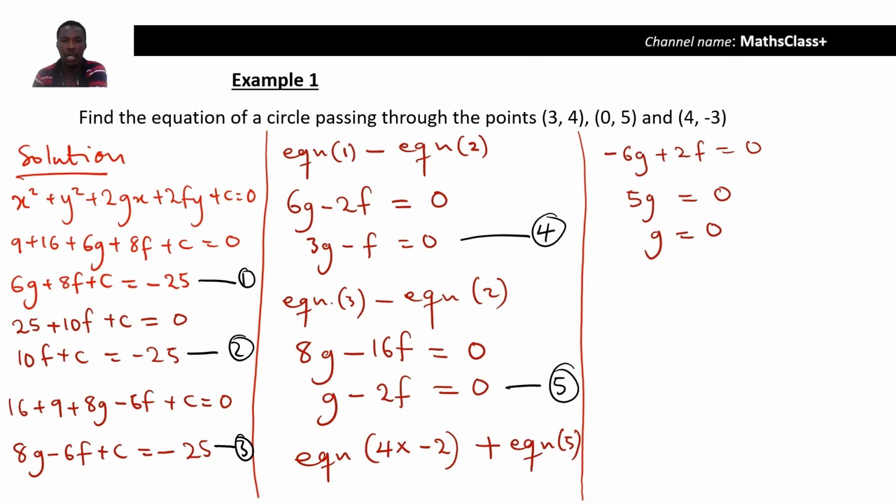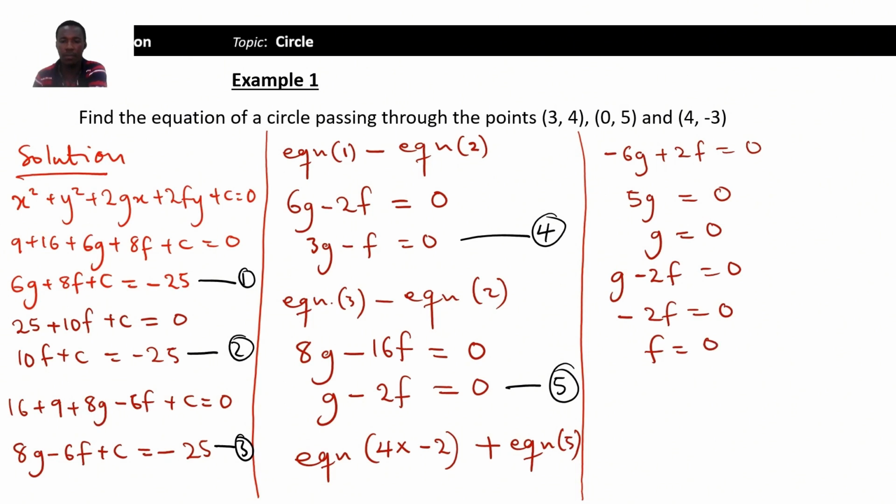Okay, so I'm going to substitute j into equation 5. So j minus 2f equals 0. If j is 0, then I'm going to have 2f is equal to 0. And my f will also be equal to 0.